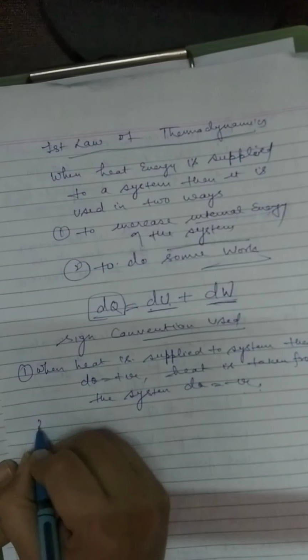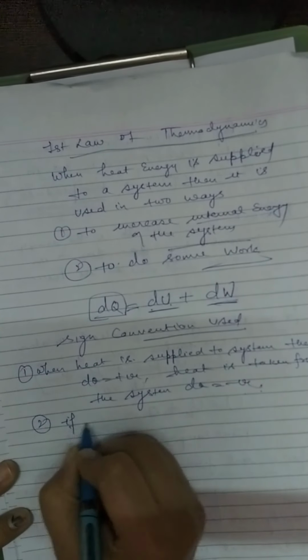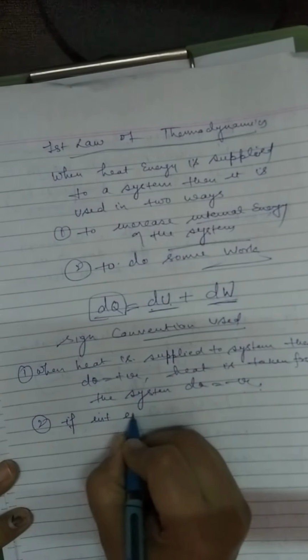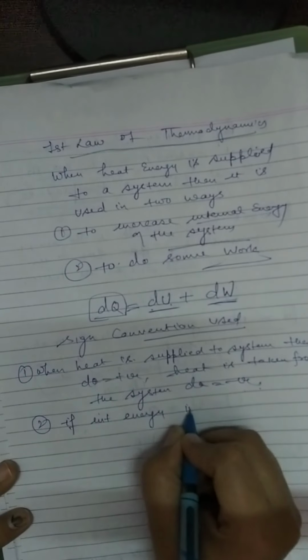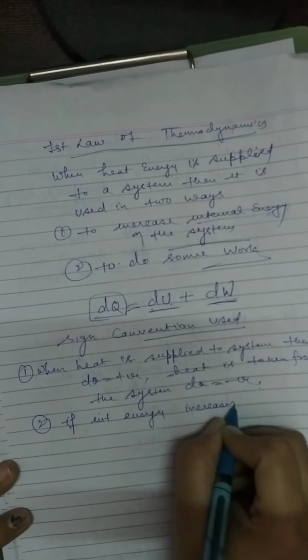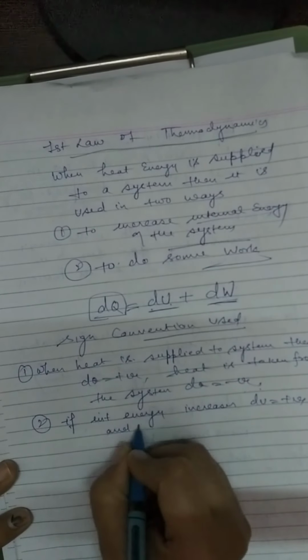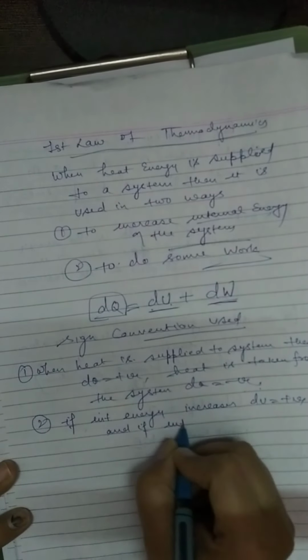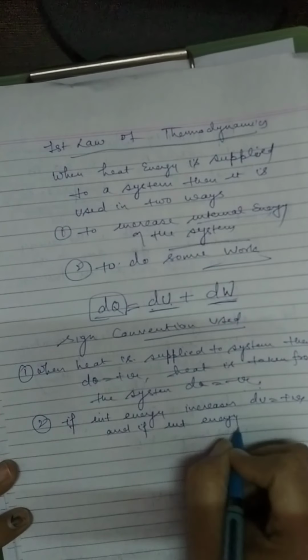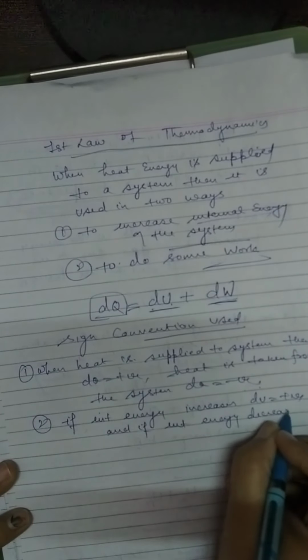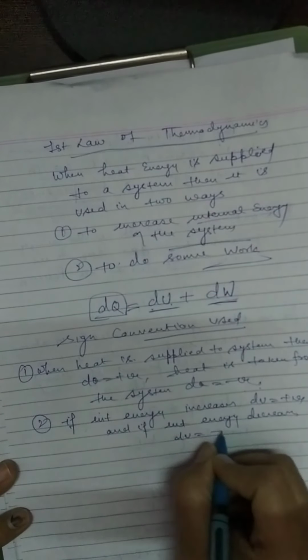If internal energy increases, du is positive, and if internal energy decreases, du is negative.